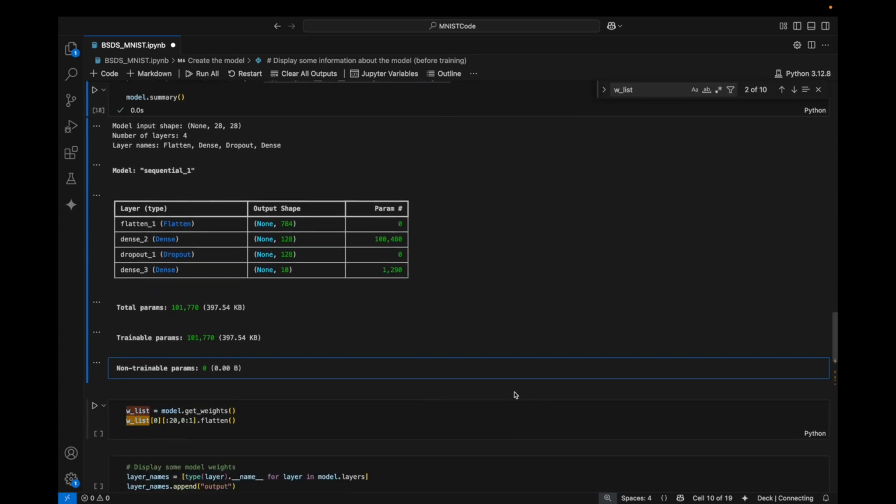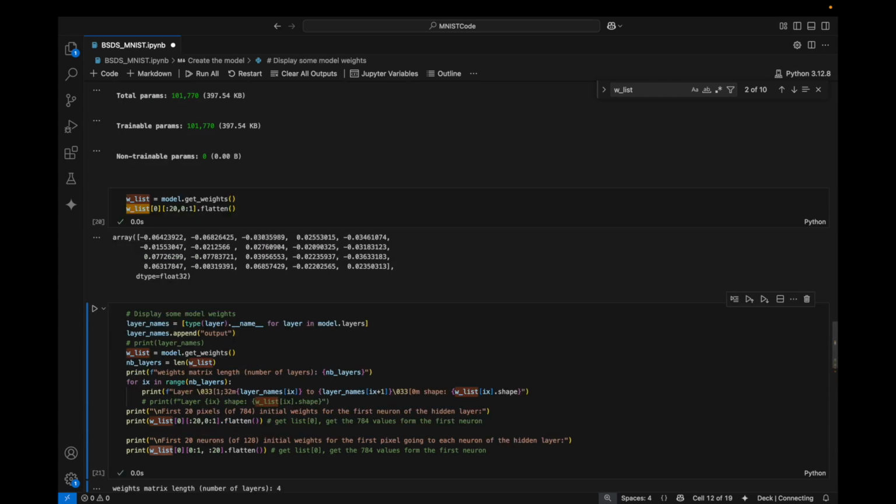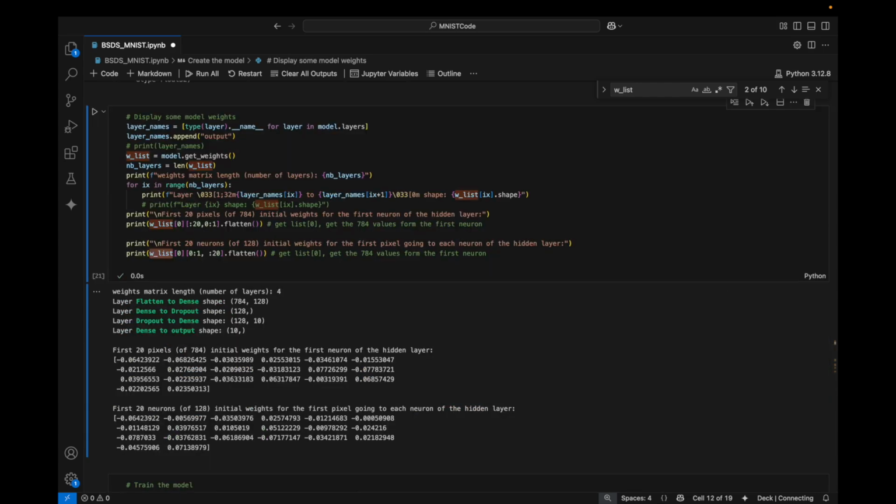Let's look at some of the weights. When we get the weights, we get a list of arrays where each element represents a layer. Let's look at the output of a cell execution. We see that the array shapes match the number of neurons we have in each layer. The first array is 784 by 128 for a total of 100,352 values.